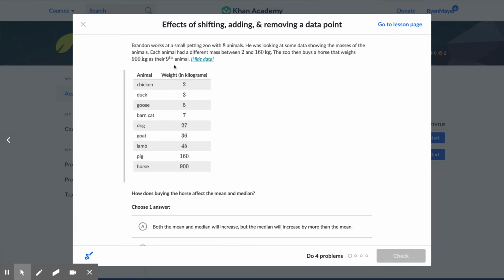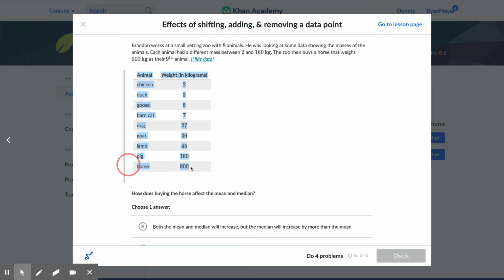So if I go over to this one here, it says Brandon works at a small petting zoo with 8 animals. He was looking at some data showing the masses of the animals. If each animal had a different mass between 2 and 160, which is what all of this is here, you see everything is between 2 and 160, then the zoo buys a horse.